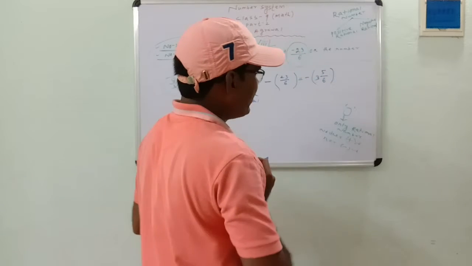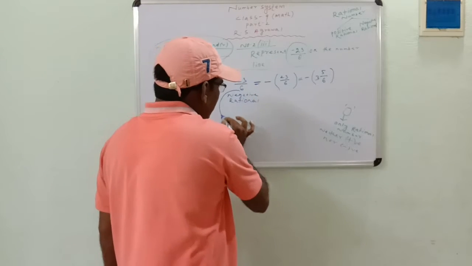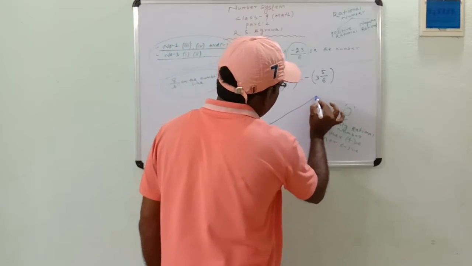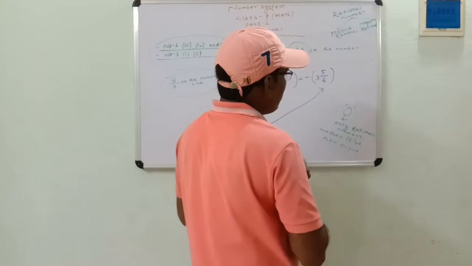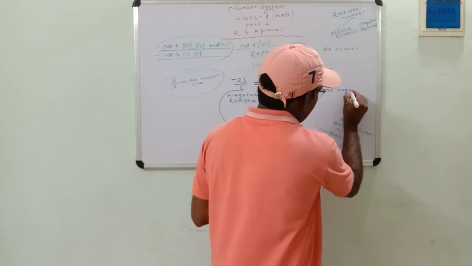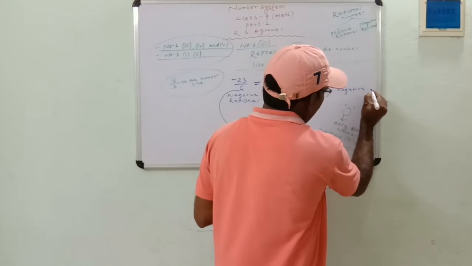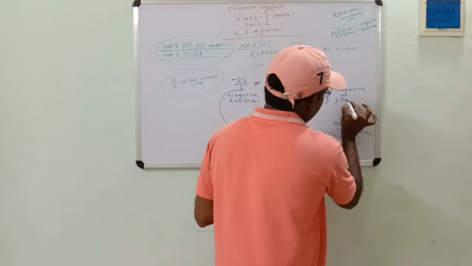So minus 23 by 6 means the negative of 3 full 5 by 6.